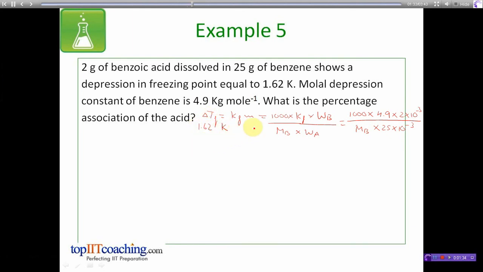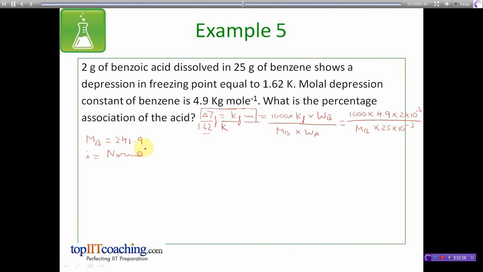Now delta Tf is also given to us, that is 1.62 Kelvin. So on substituting these values, if we rearrange the equation, we can find out the value of Mb, which turns out to be 241.9. This is the molecular weight we obtain on applying the normal equation for delta Tf without using the Van 't Hoff factor.